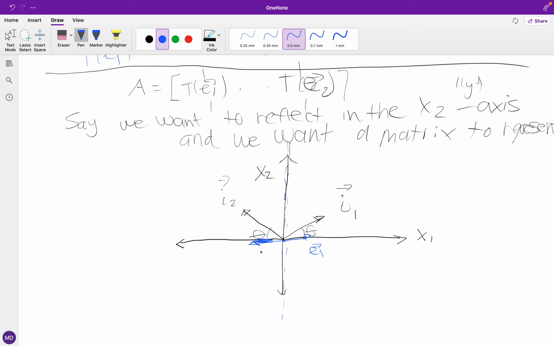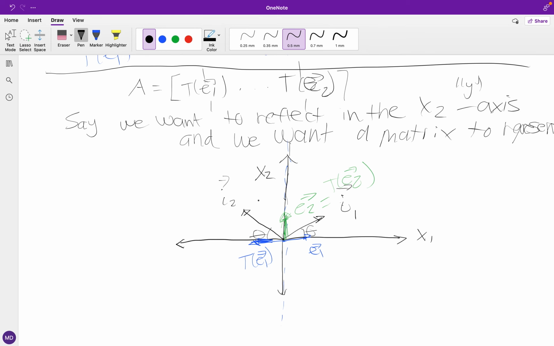This should be our transformation of E1 if we want to reflect in the y-axis. And similarly, if we take a vector E2 and we reflect in the y-axis, we should not get anything different. It should stay the same because it's already on the y-axis. So E2 should actually equal a transformation of E2.